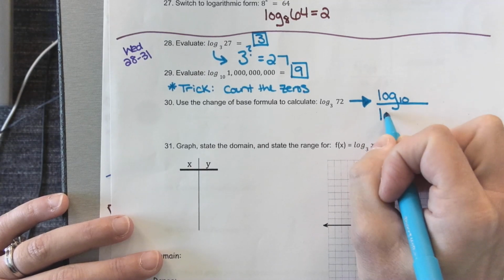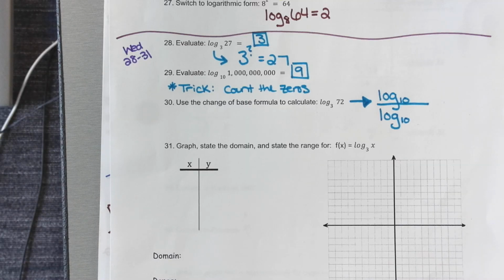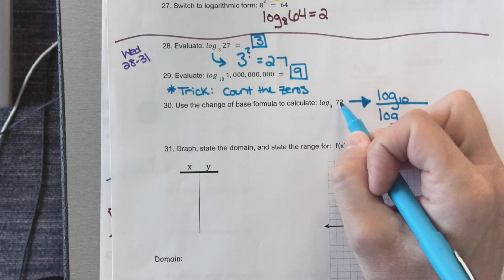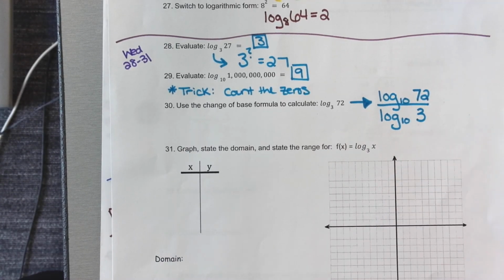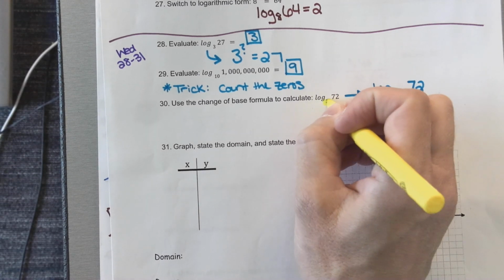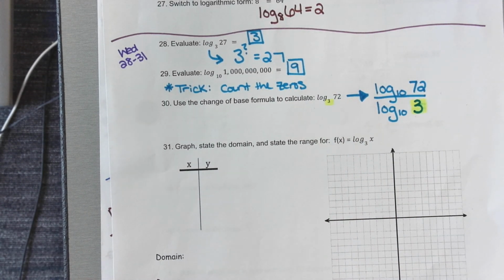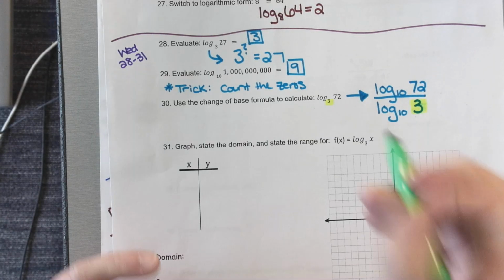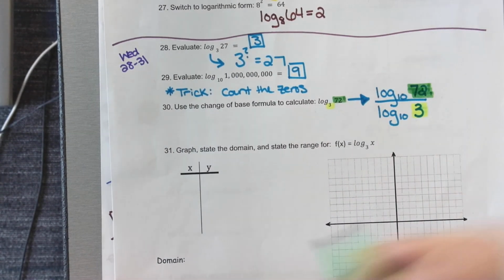In the top and bottom of this fraction, we're going to change the base to base 10. Then you put what you were taking the logarithm of in the numerator, and you put your old base in the denominator. So this number goes here, and what you were taking the log of goes in the top.